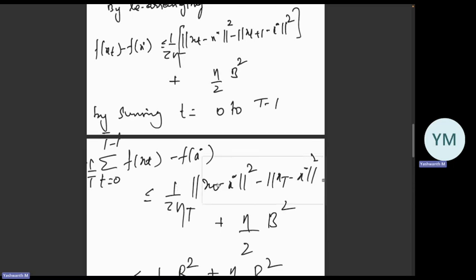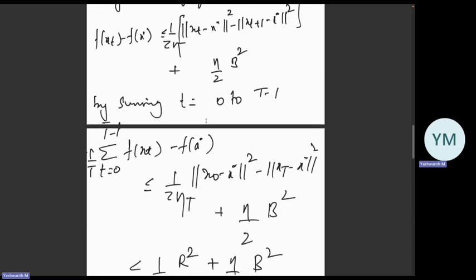Remember, this is a telescopic sum. Only the first term at time 0 and the last term remain. Everything else gets cancelled.